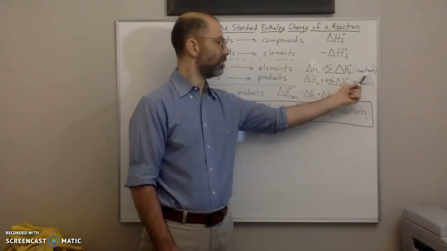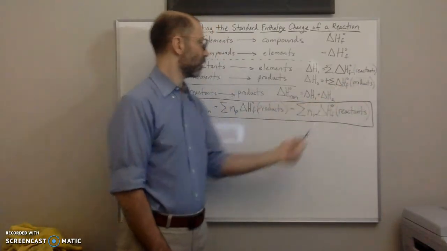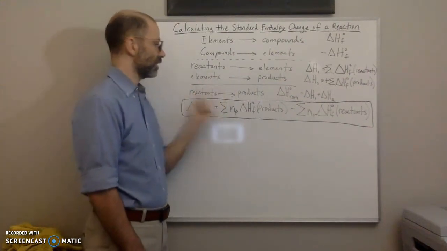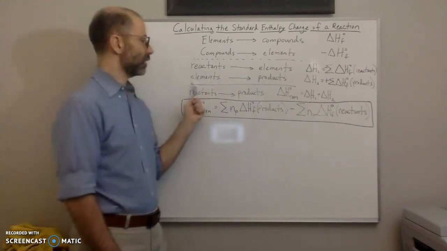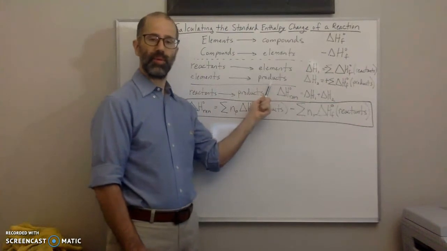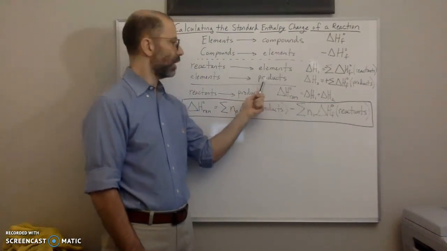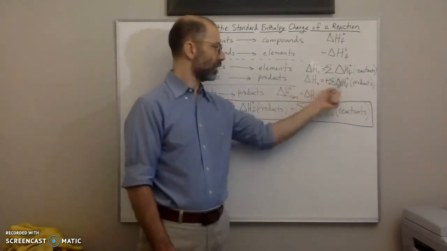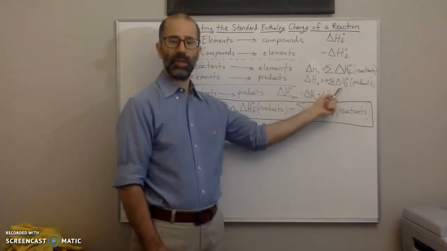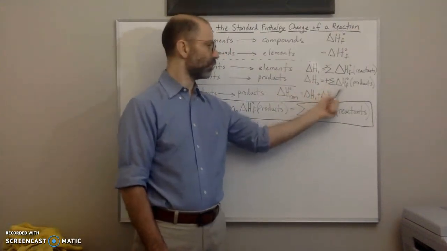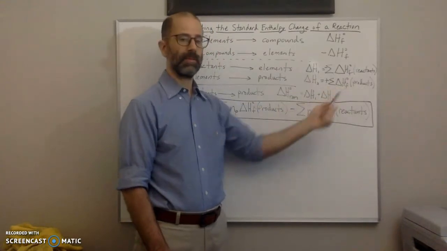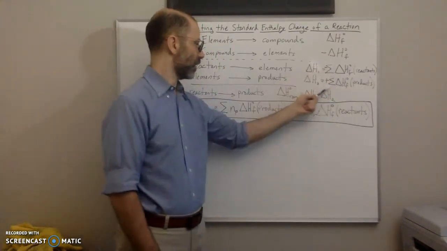Then you could take the elements in their standard states and create products, and then you could add up all the standard enthalpies of formation for all your products. And then you could add these together.